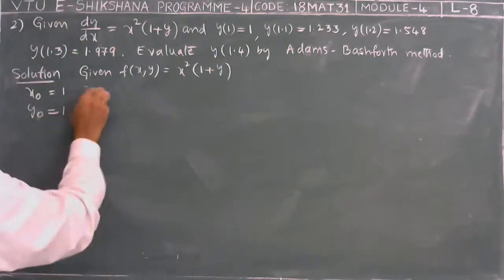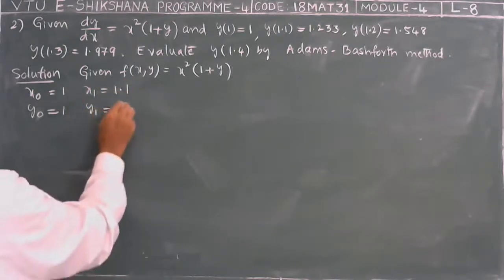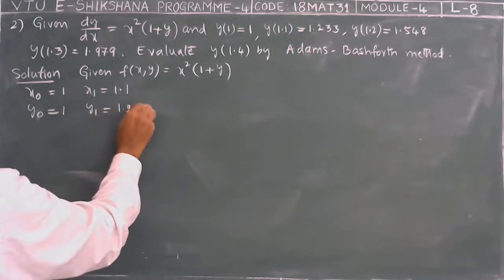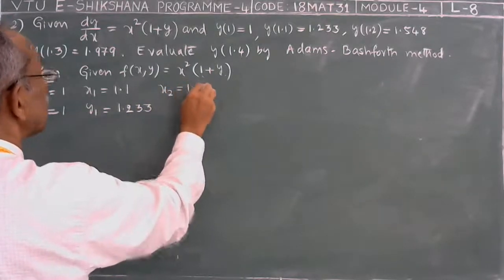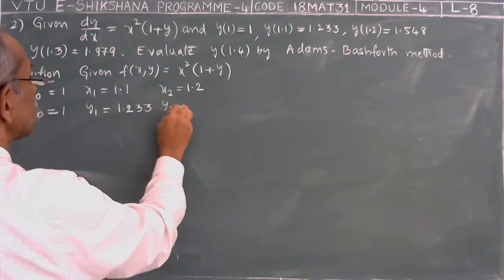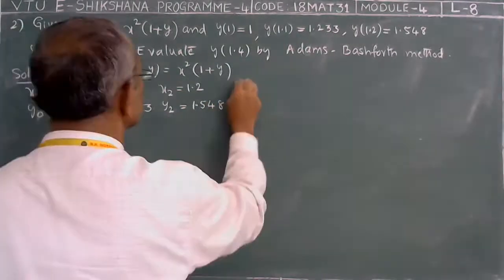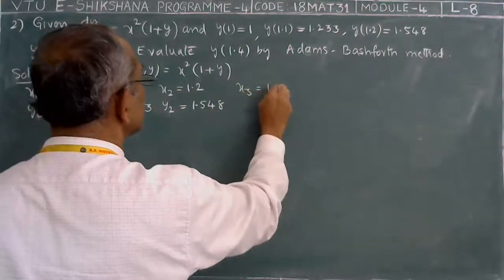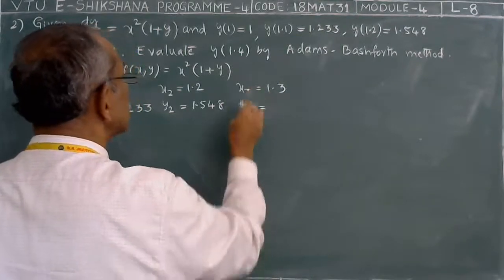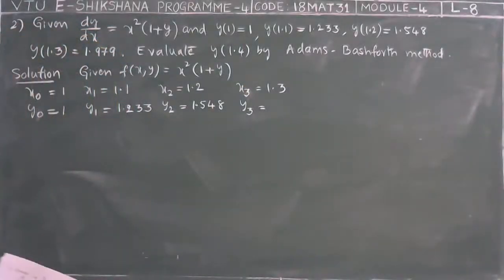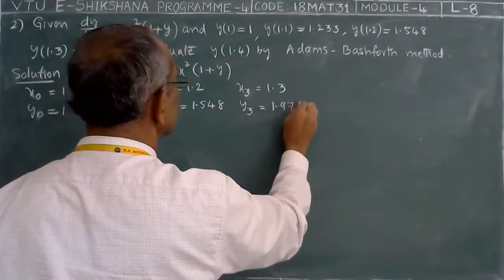x1 is 1.1, y1 is 1.233, x2 is 1.2, corresponding value y2 is 1.548, x3 is 1.3, corresponding value y3 is 1.979.